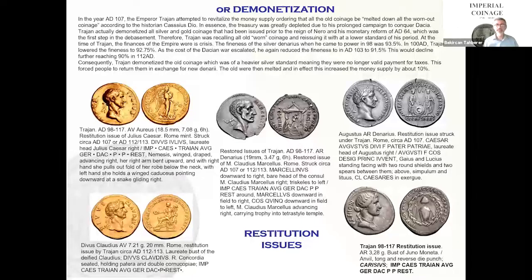And it is so extensive. It's unbelievably extensive. Whatever you can imagine that was minted before him, but only those that he respected, he reminted, or he used their images on obverses and reverses of his restitution issues.